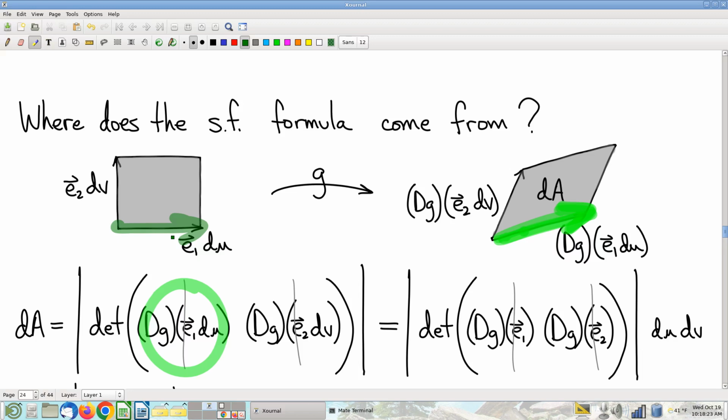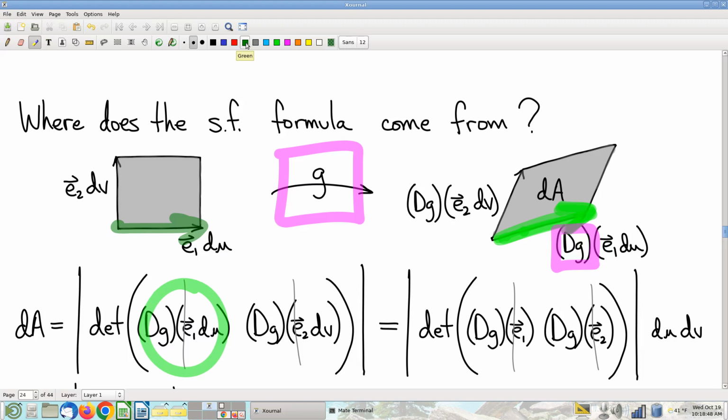So as such, this matrix, the derivative of G, is what relates this dark green input vector to that light green output vector. Now, what is this dark green input vector? This is actually a pretty easy one. It's horizontal. It's exactly in the U direction.